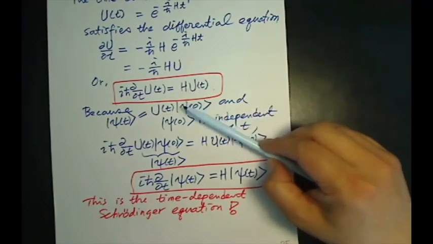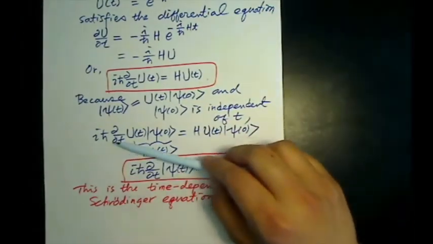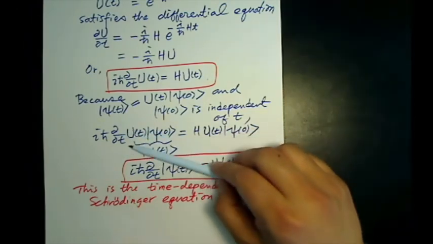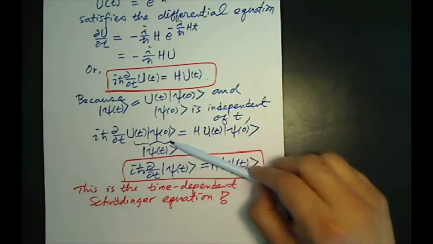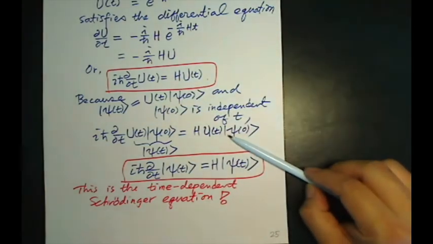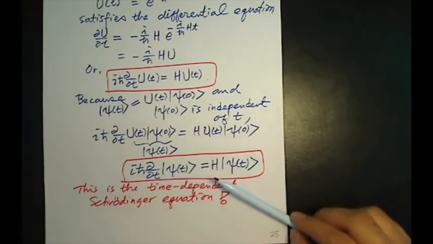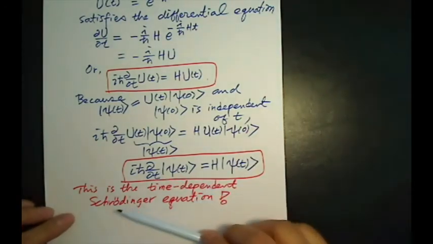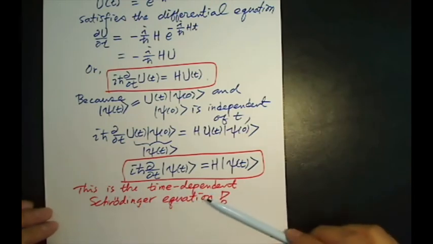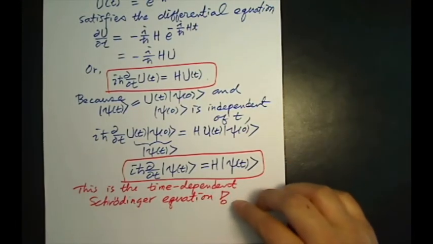If we apply this to the state ket at time t equals 0, we get i h bar partial time derivative of the state ket at time t equals the Hamiltonian acting on the state ket at time t. So, this is our final result for the time-dependent Schrödinger equation. It states that the evolution of the state ket with respect to time is given in such a way.